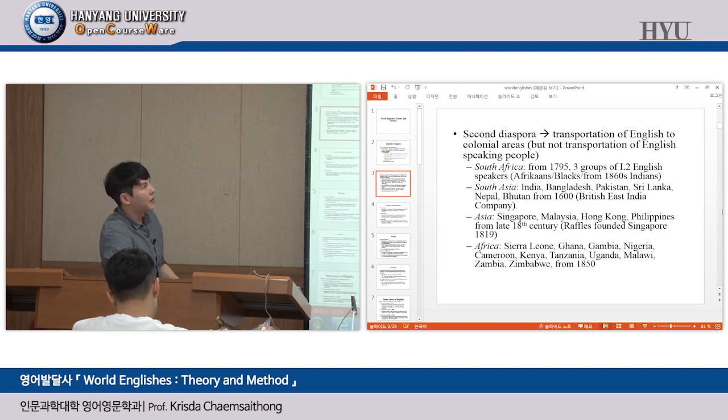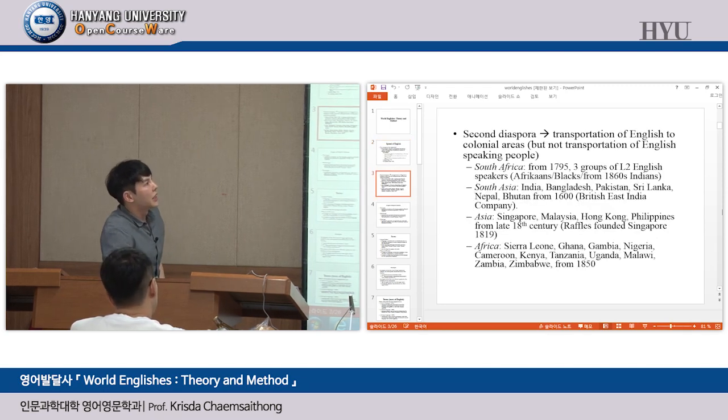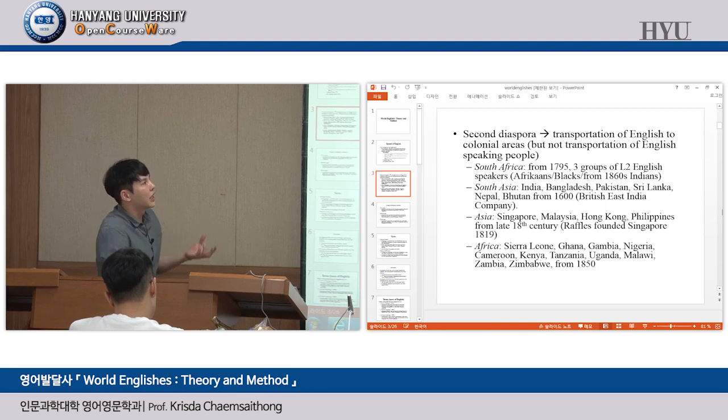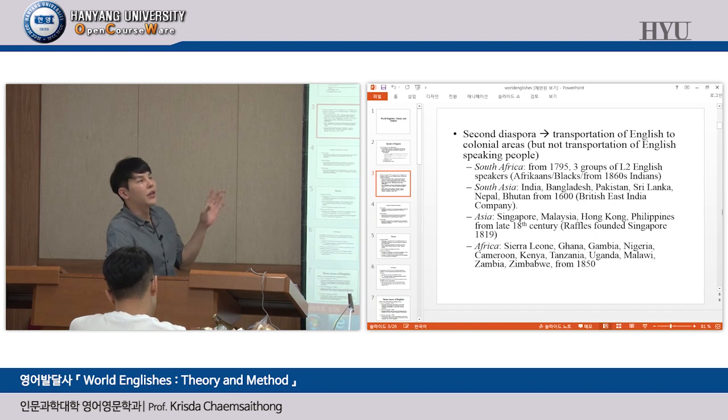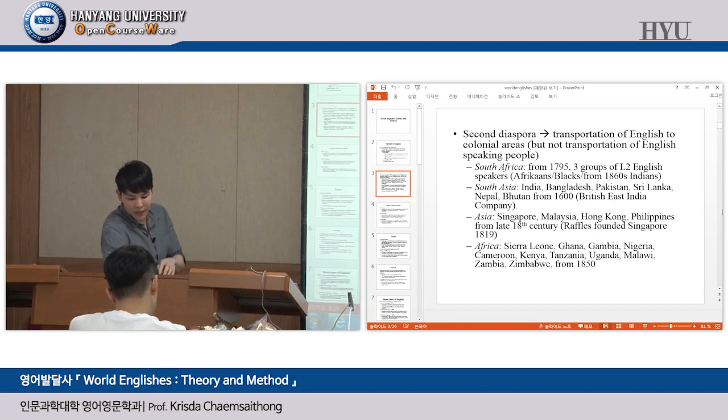Now the second period, the second diaspora, is when you transport English to colonial areas, right? Colonial areas of England, but not transportation of English-speaking people, right? So this means that people who went to those areas like India, South Africa, and many areas in Asia, Singapore, Malaysia, Hong Kong, the Philippines, and so on, right? Or many areas in Africa.